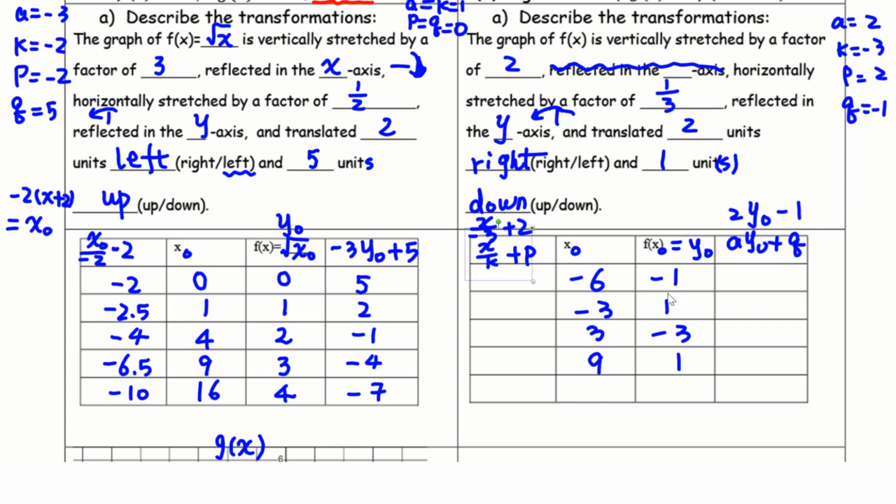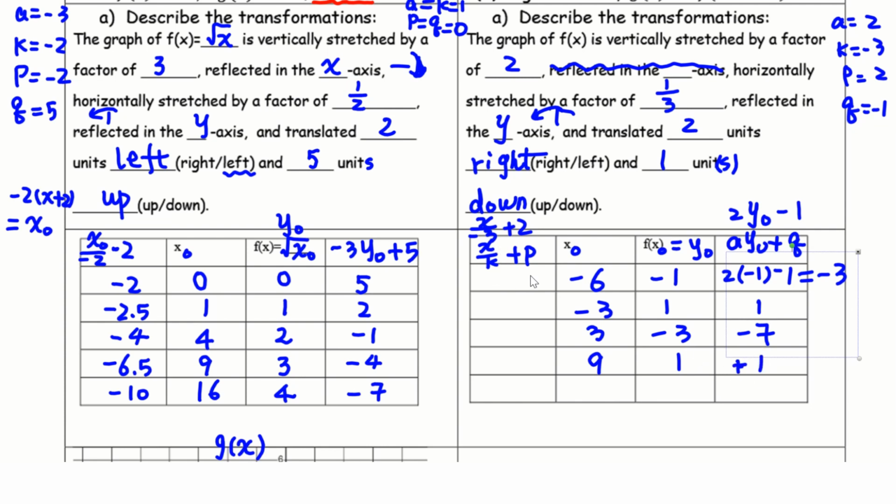So we are going to do the calculation for the new y coordinate. 2 times negative 1, substituting in the original y coordinate, then minus 1 gives you negative 3. 2 times 1 minus 1 is 1. 2 times negative 3 minus 1 is negative 7. 2 times 1 minus 1 is 1.